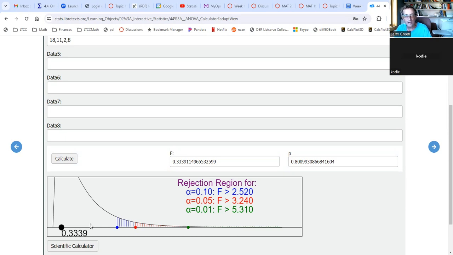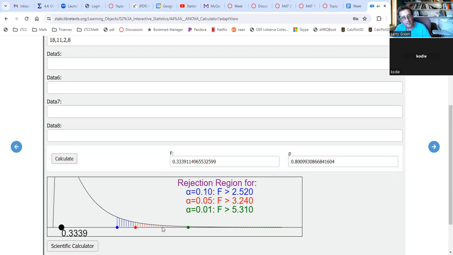It's always just one-tailed. This picture shows you where the rejection regions are for the most common significance levels. We had 0.3339, and notice that that is smaller than any of these values here, and so it's not in the rejection region.